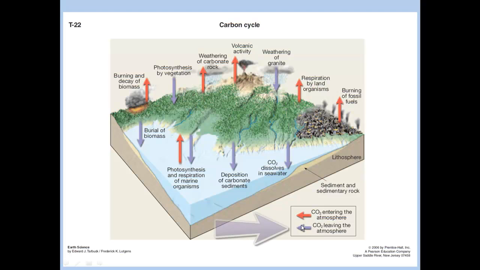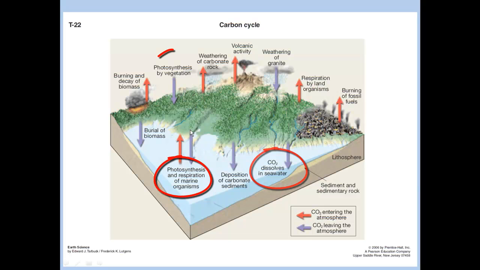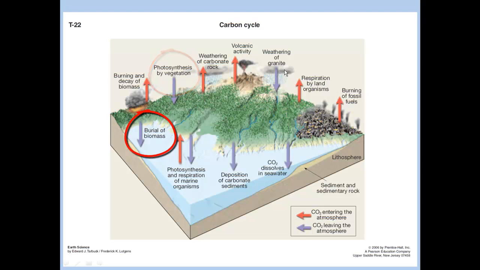The second arrow actually shows how CO2 leaves the atmosphere, and those include processes like deposition of carbonate sediments, how CO2 dissolves into seawater, the photosynthesis of marine organisms, as well as the photosynthesis of land vegetation, when we bury any biomass, and the weathering of granite. So these are just a few ways that CO2 enters and exits the atmosphere.